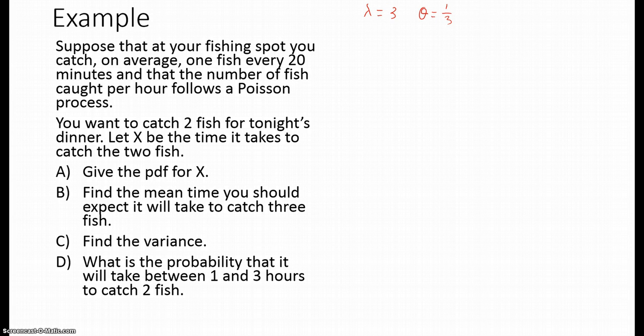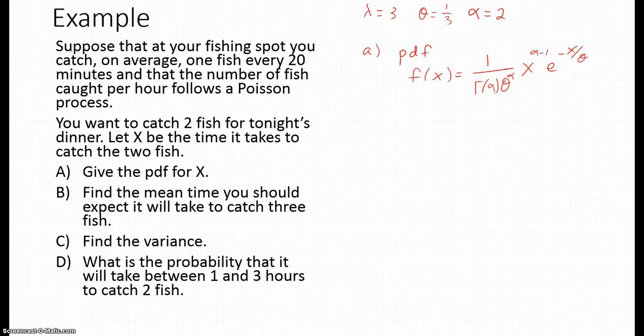So we know that if we're catching a fish every 20 minutes, that means we're catching 3 per hour. So our Poisson process has a lambda of 3. And since theta is 1 over lambda, our theta here is 1/3. We're interested in the time to catch 2 fish, so alpha is equal to 2.